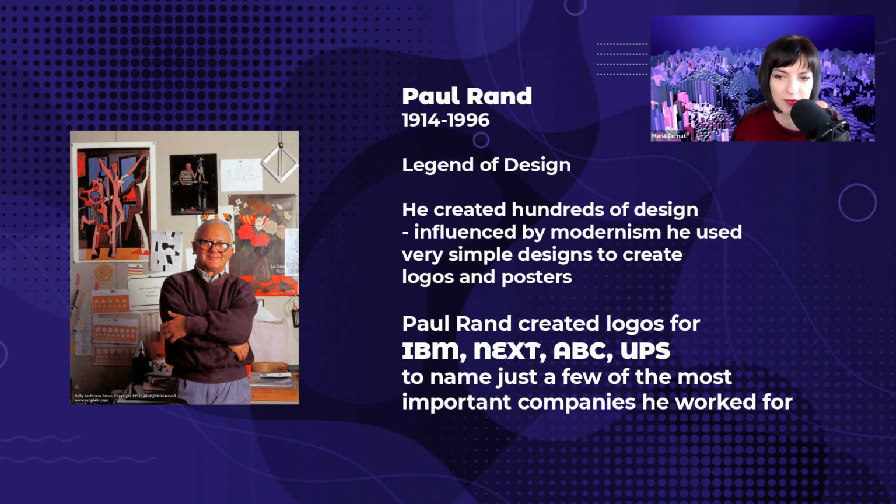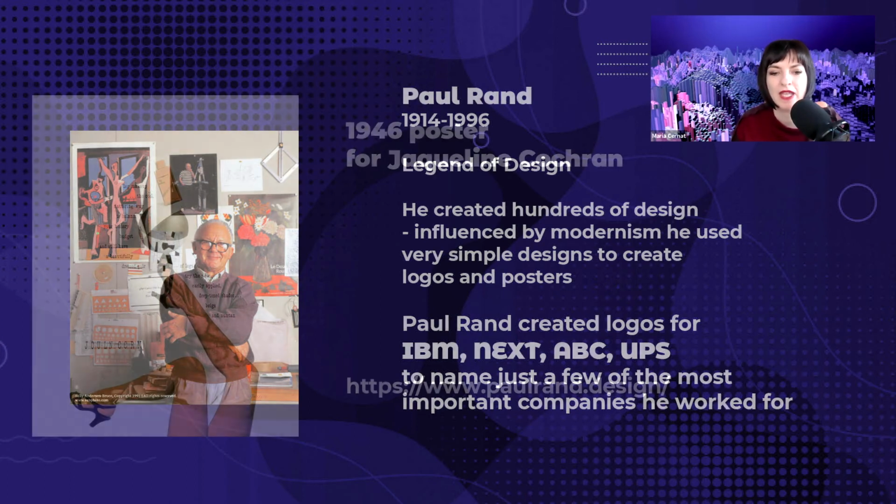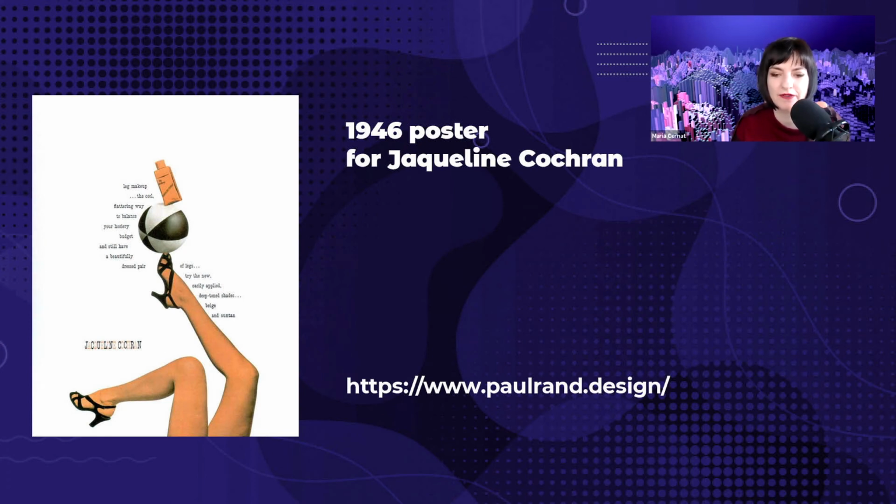I'm going to show you his portfolio in a minute, he created designs for a lot of famous brands. Now, he's promoting here in this particular poster the cosmetic Jacqueline Cochran, like makeup for legs. You should apply this makeup to your legs. Now, you see how the whole spirit of modernism is somehow pushed aside when they sell consumer goods.